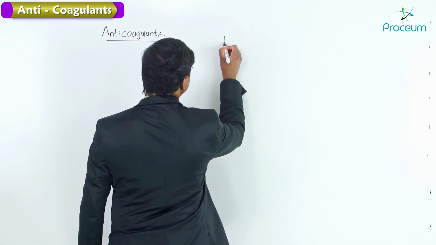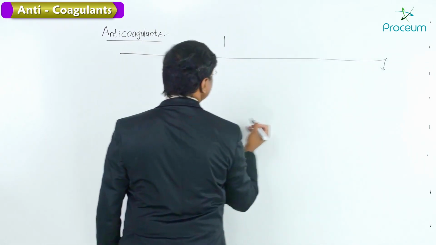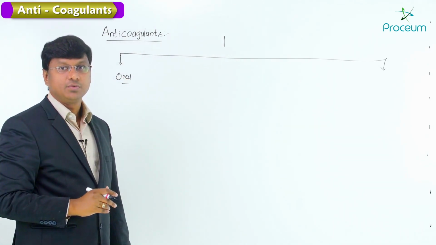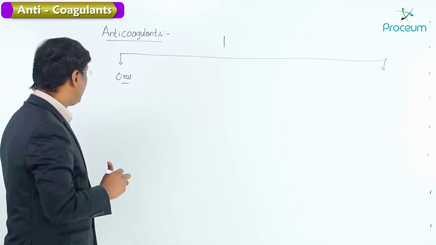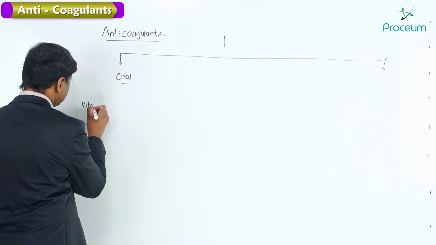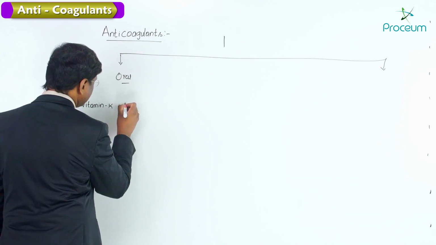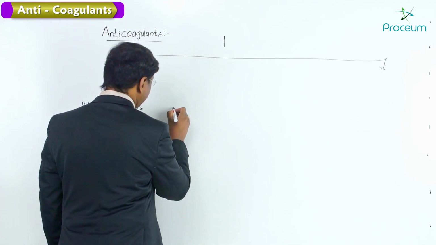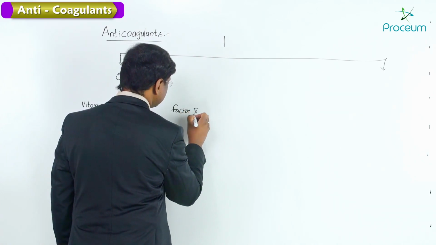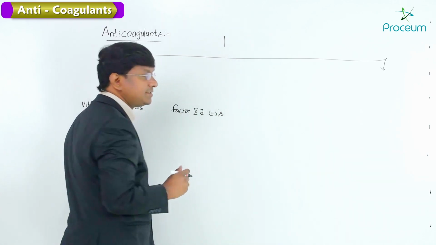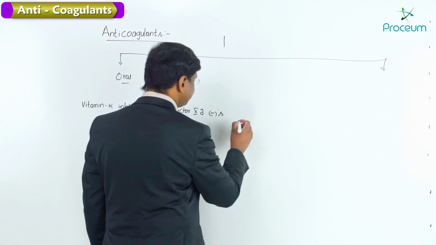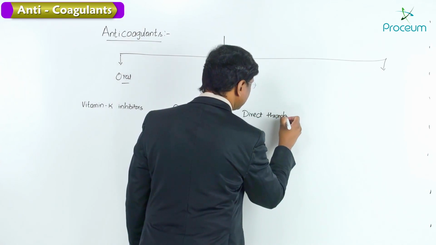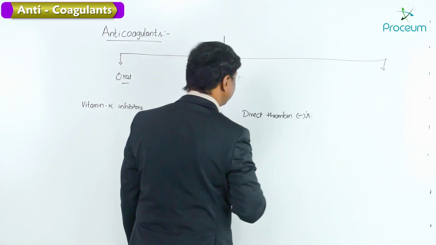Now, let me classify the anticoagulants. We classify them as oral anticoagulants, and among the oral anticoagulants, again we have three types: vitamin K inhibitors, factor Xa inhibitors, and direct thrombin inhibitors.